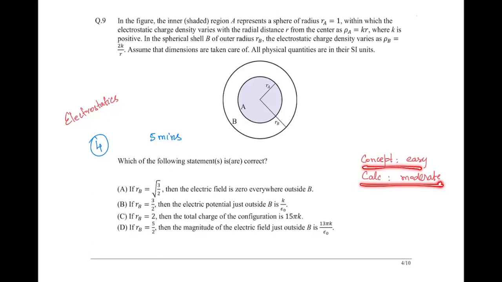I'm saying for those who intend to clear or get a decent rank, clear in the sense somewhere around 2000 to 3000 rank, you could get there by picking the right kind of questions in the paper.